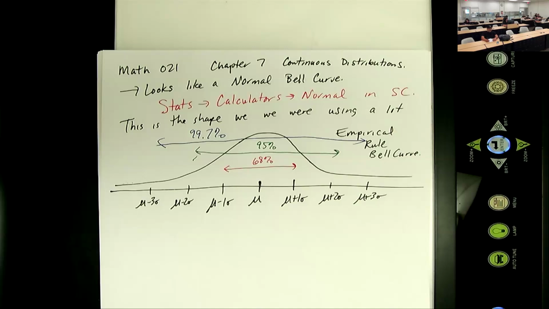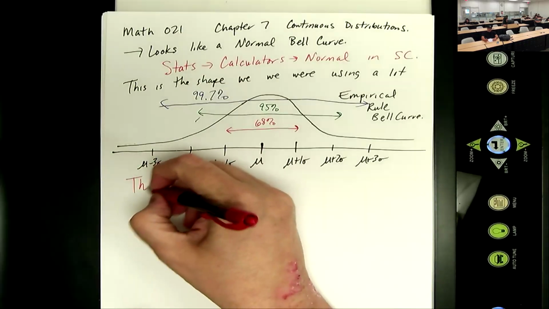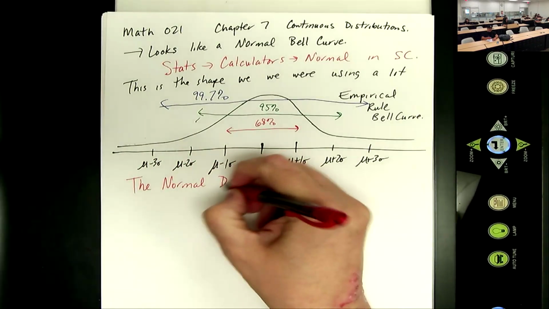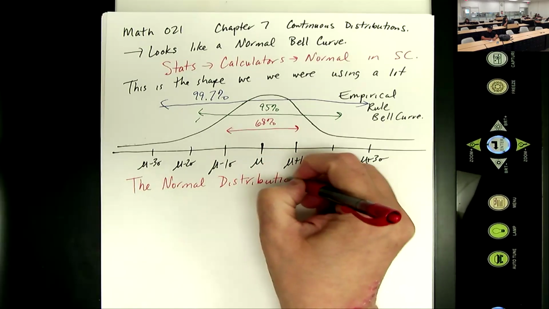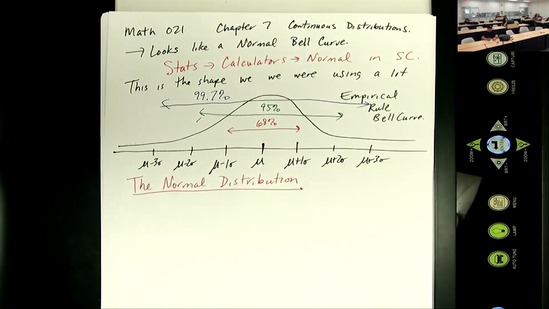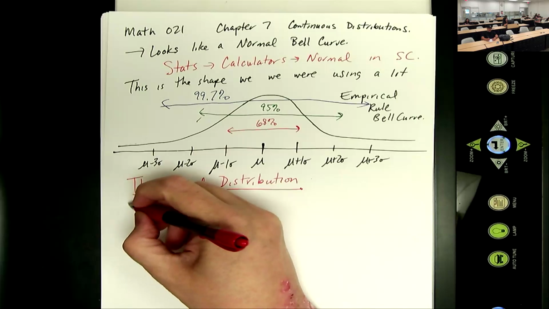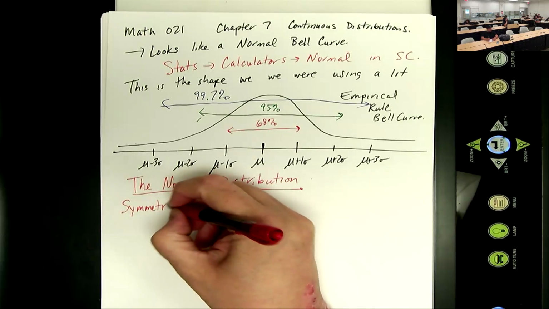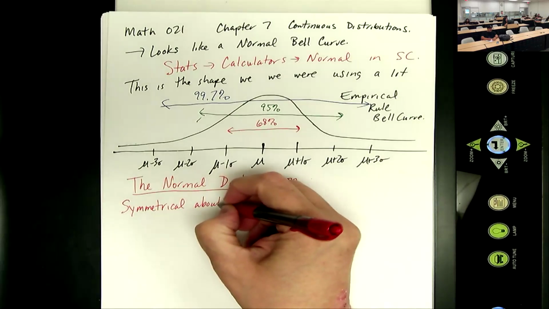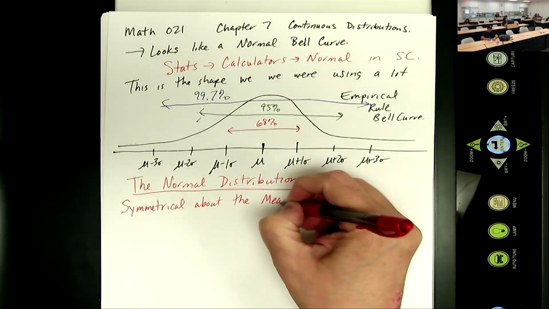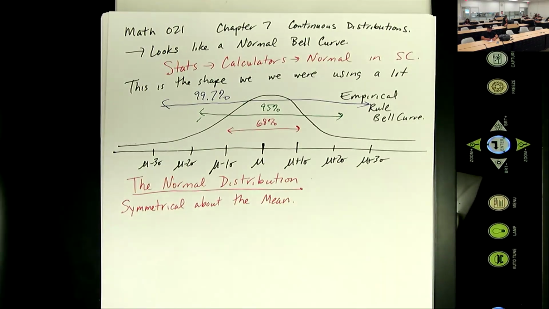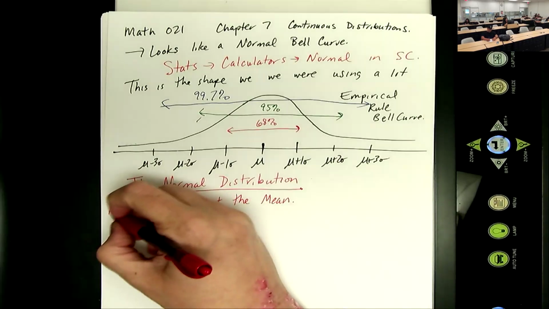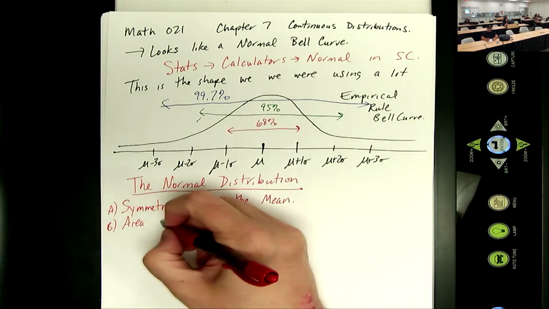So some things to know about this normal distribution. It's called the normal distribution. It's like above, it's symmetrical about the mean. The area under the curve equals 1.